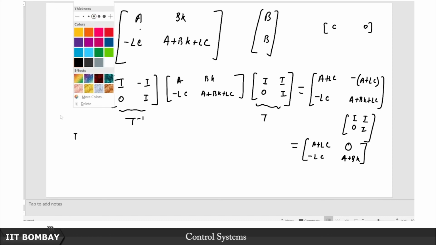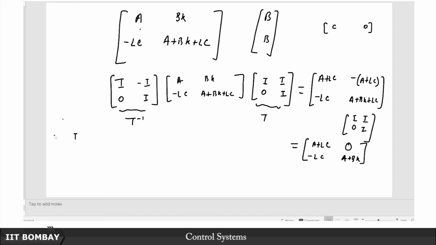If you do C0 times T, just take the C0 and post multiply it by T, what you get is essentially C and C. And the overall B, which is T inverse times [B; B], is this matrix times [B; B]. Of course, the first entry will become 0 and the later entry will be B.